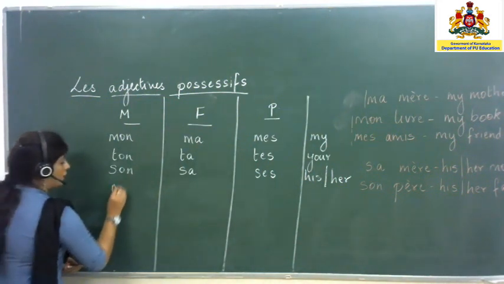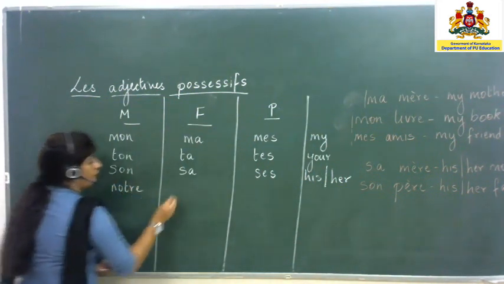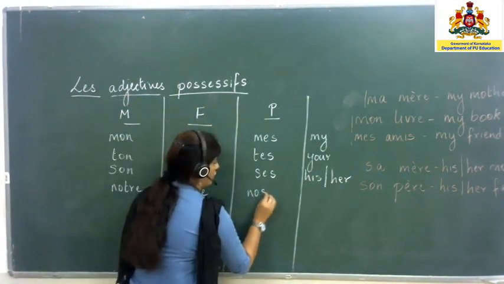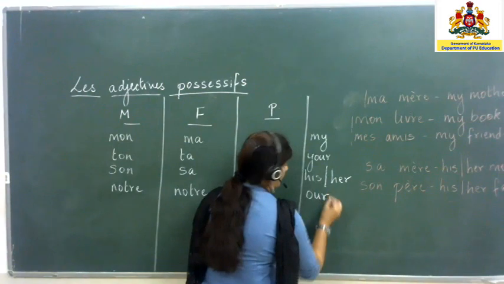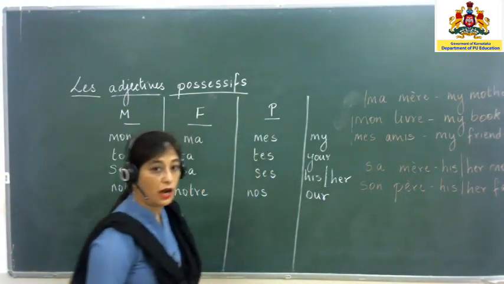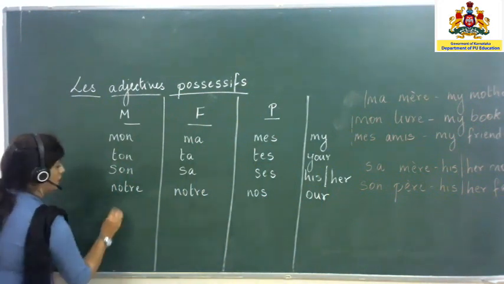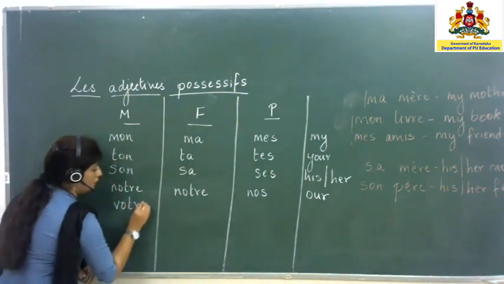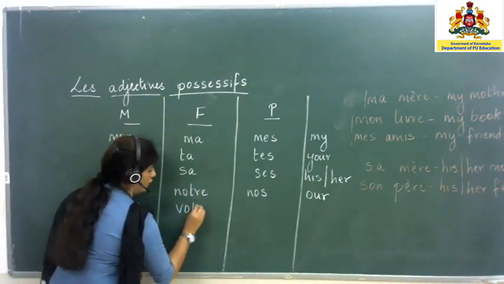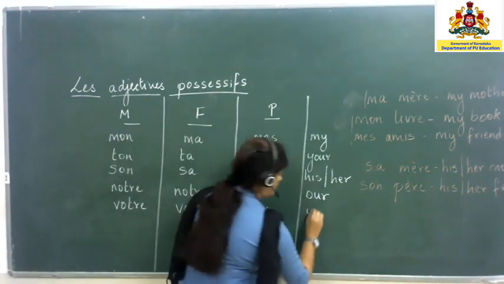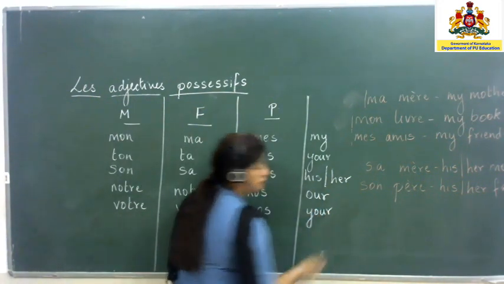Then you have notre, which is the same for feminine, notre, nos, meaning our. So if you have to say our mother, our book, our friends, it will look like that. Then you have votre, vos, which again means your.